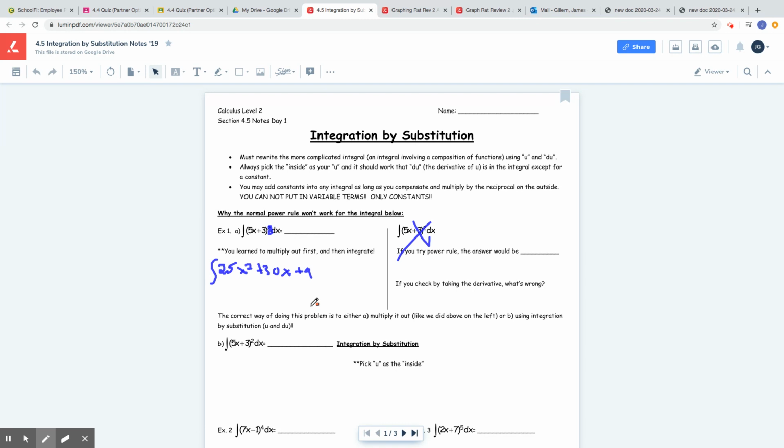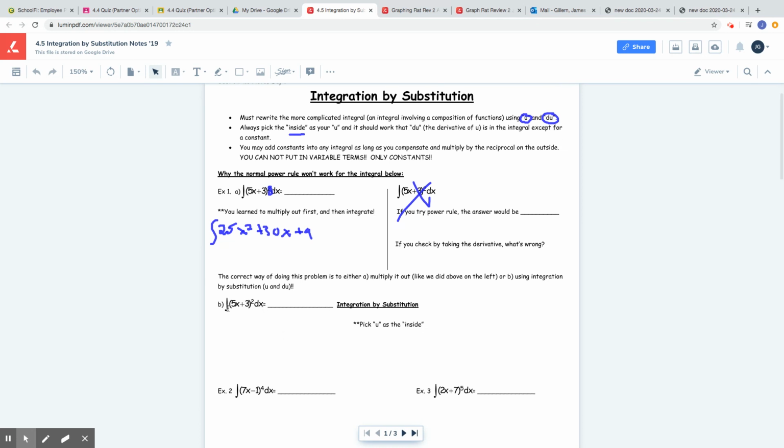So what we're going to do is something called substitution. What we're going to do is pick our u. We're going to do u and du. We're going to be doing a lot of this over the next couple months. Now the inside is going to be our u. Our du is going to be the derivative of u. For right now, to start, the inside is exactly what you think it's going to be.